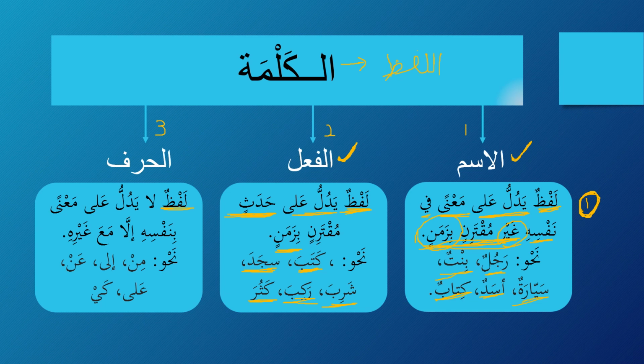So number 3, the third classification of kalma is what? Is al-harf, preposition or particle. So lafzun la yadullu ala mana bi nafsihi illa ma ghayrihi. Lafzun, this is a word. La yadullu ala mana.